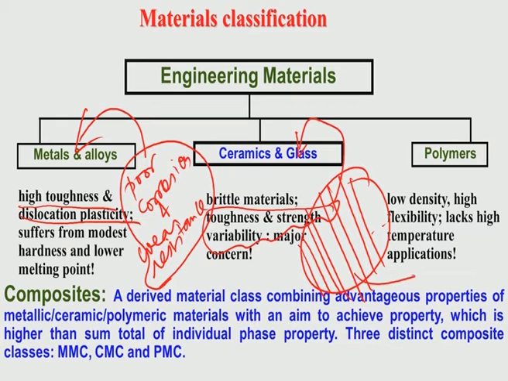Now, each will have a different strength value, simply because strength depends on the crack size and crack size distribution in the structure. So, although they have a uniform alumina composition, each sample may have a different crack density, and as a result the strength would be different. Polymers are another important material class which is used for biomedical applications.